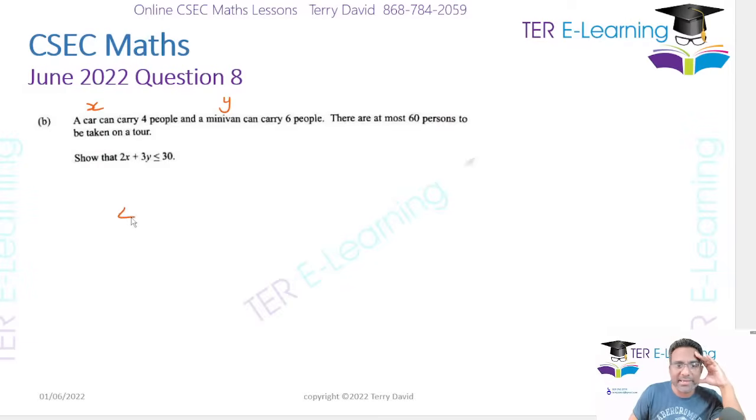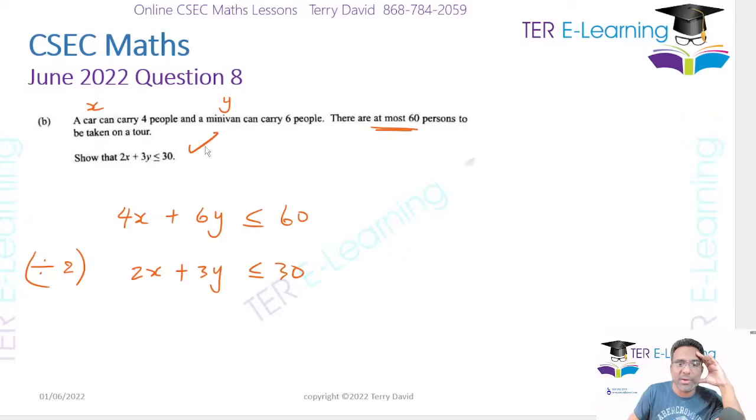So what that means is that 4X, because each car can hold 4 people, plus 6Y in your minivan. They said at most 60, so that means less than or equal to 60. If I divide everything here by 2, I'm going to get 2x plus 3y is less than or equal to 30, which is what they said to show.